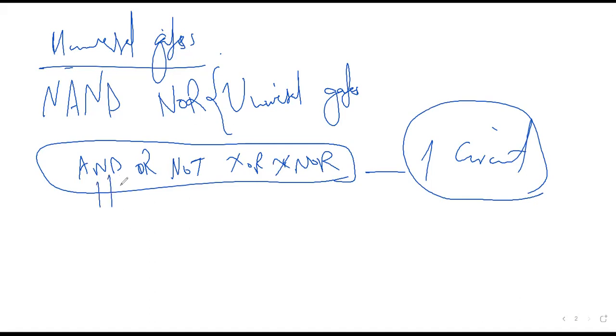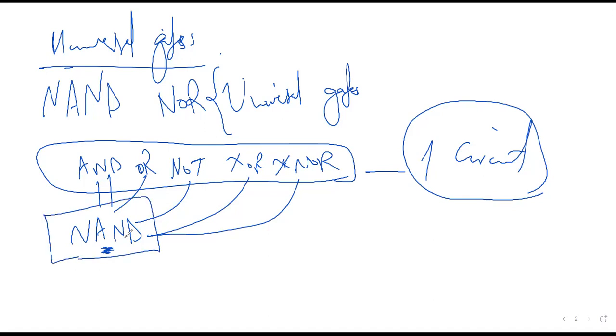So whoever that was came up with the idea, we can convert this AND into a NAND, this OR into a NAND, this NOT into a NAND, everything into a NAND. So that I can make a circuit using only one type of logic gate. Therefore, the term universal. All the gates we have already mentioned can be represented using NAND gates only or NOR gates only.